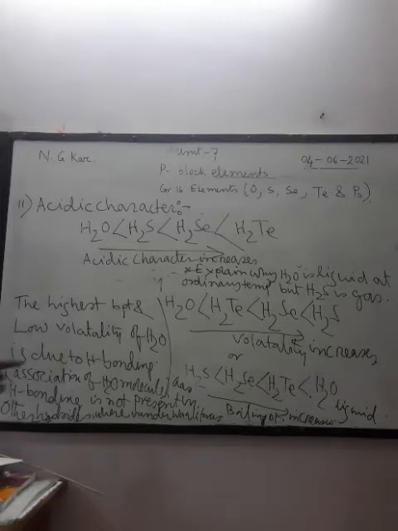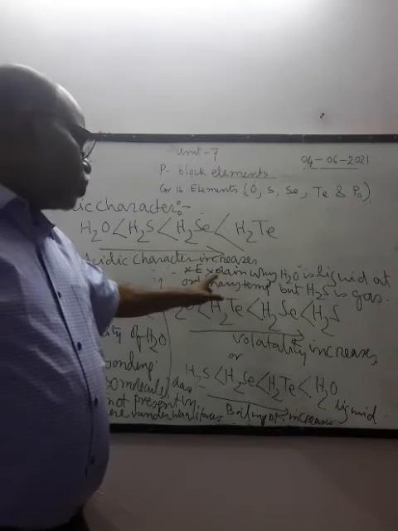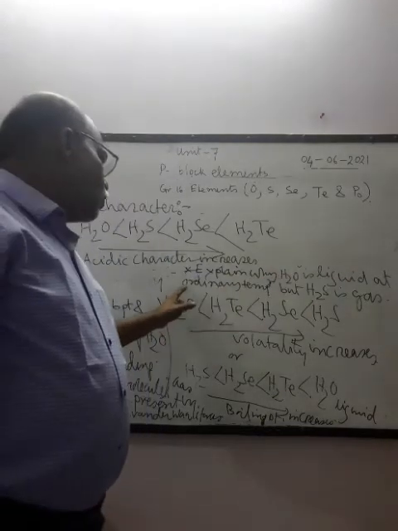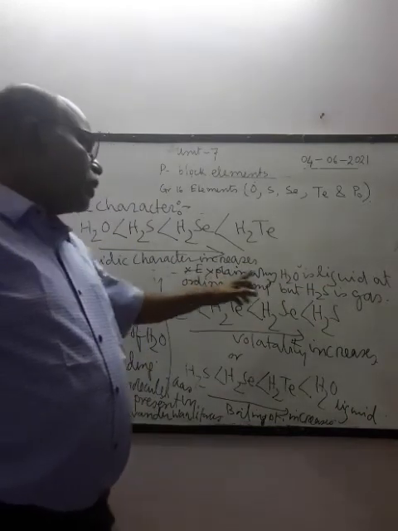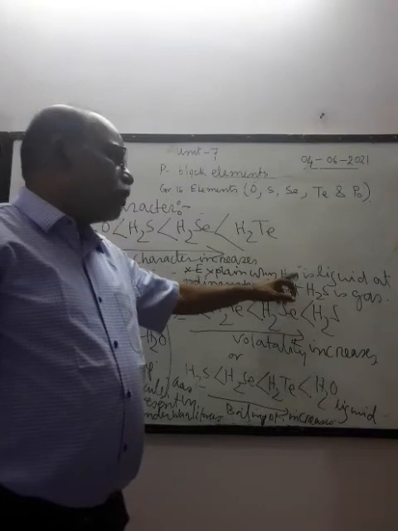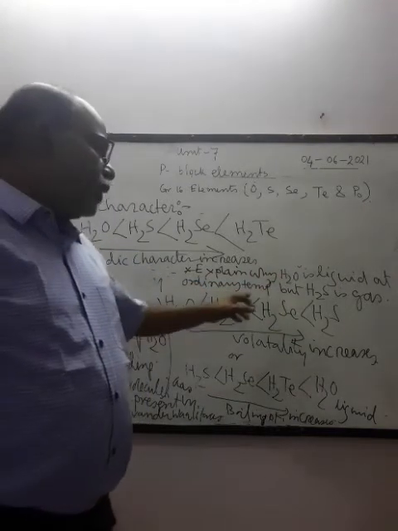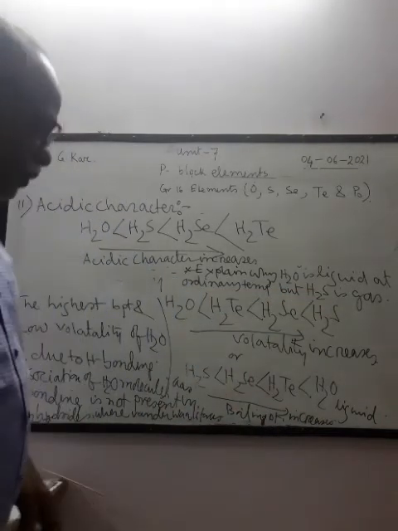So write this question and try to write the answer. The question is, explain why water is liquid at ordinary temperature but H2S is gas. Water is liquid at ordinary temperature because of hydrogen bonding where association takes place. H2S is gas because here hydrogen bonding is absent.